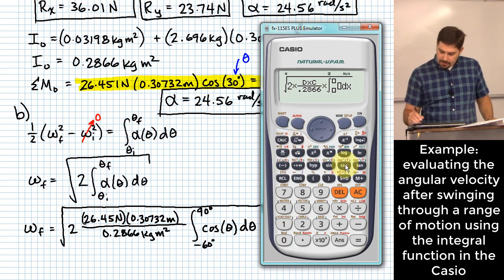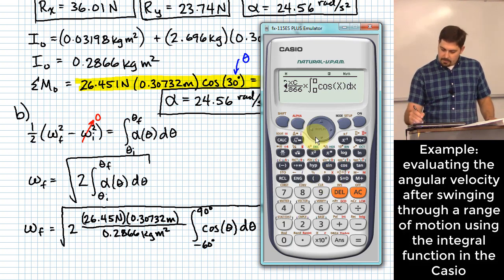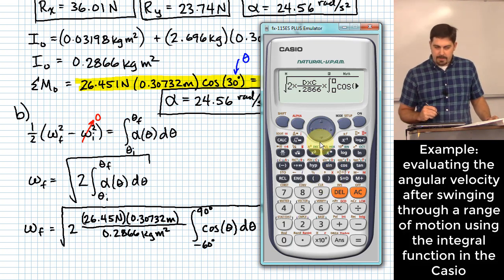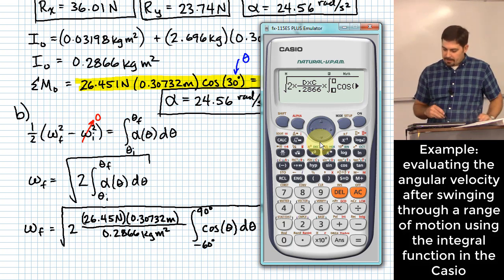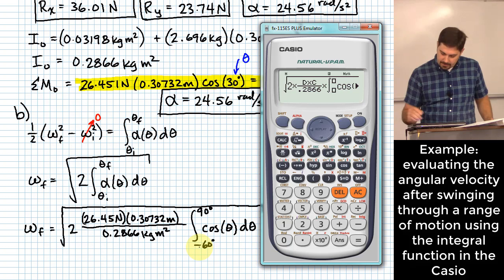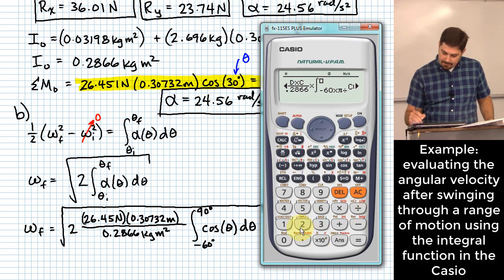All you do is cosine of x dx. The only thing that's tricky is we have to use the correct limits, so I need to convert my degrees to radians. Here I'll put in negative 60 times pi over 180, and up here I'll put in 90 times pi over 180.